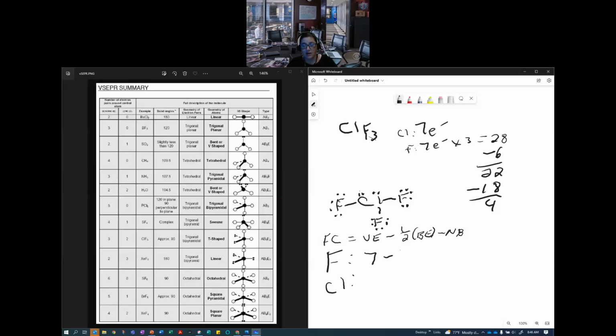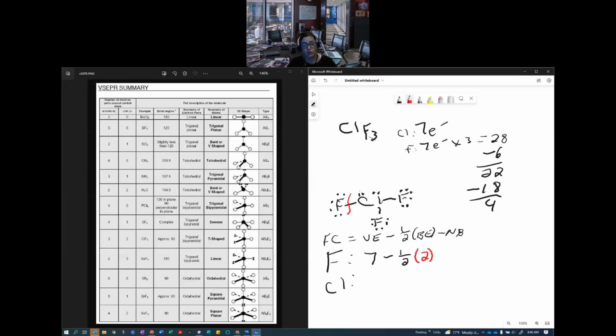We're then going to subtract half of the bonding electrons. Essentially, if we're talking about this fluorine right here, we're pretending that only one of those electrons belongs to the fluorine. But we have to take both of them into account, so that we count the number of electrons that are in that bond and say one of them belongs to the fluorine.